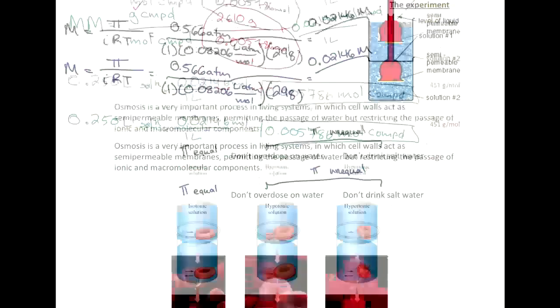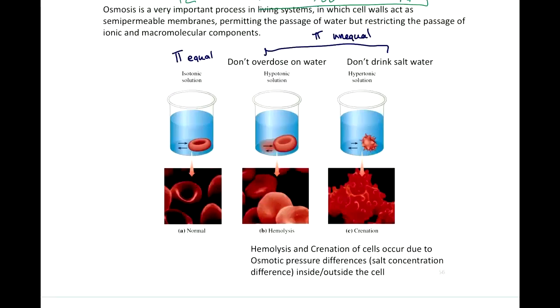So last bit about osmotic pressure. It's very important in living things because, like I said, we are just big salt water bags, okay? And so our cells have a certain concentration of salt, and if the plasma and the liquid inside of our body has a different concentration of salt or solute, we're going to have a different osmotic pressure difference on the inside and the outside of the cell.